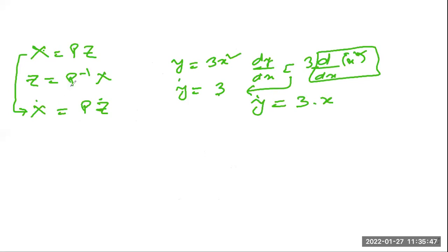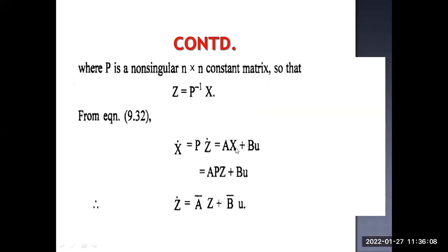Here it will be ax in ax plus bu, because x is the state variable.